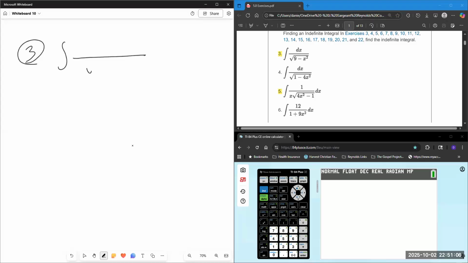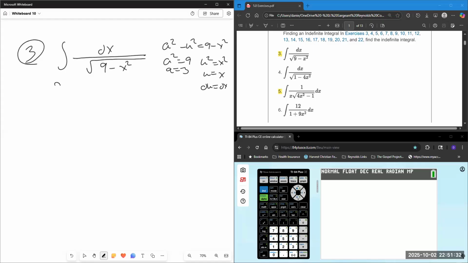So the integral of dx over square root of 9 minus x squared. So I see that this is a squared minus u squared is 9 minus x squared. My a squared is 9, making a equal to 3. My u squared is x squared, making u equal to x, and du will be dx.